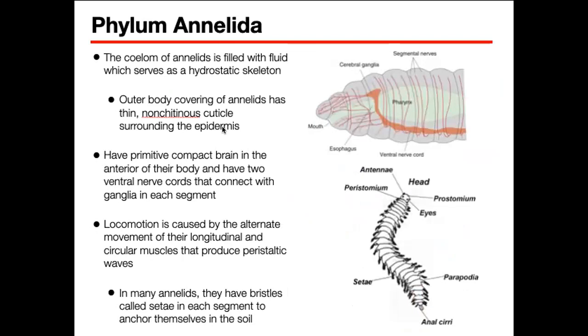And basically, they are also cephalized organisms. Yung locomotion naman nila, it's not by contractile movement of these muscles. Yung sa kanila is alternate movement of the longitudinal and circular muscles that produce this peristaltic wave. Okay, so if you have observed an earthworm on how it moves, that's basically yung peristalsis.